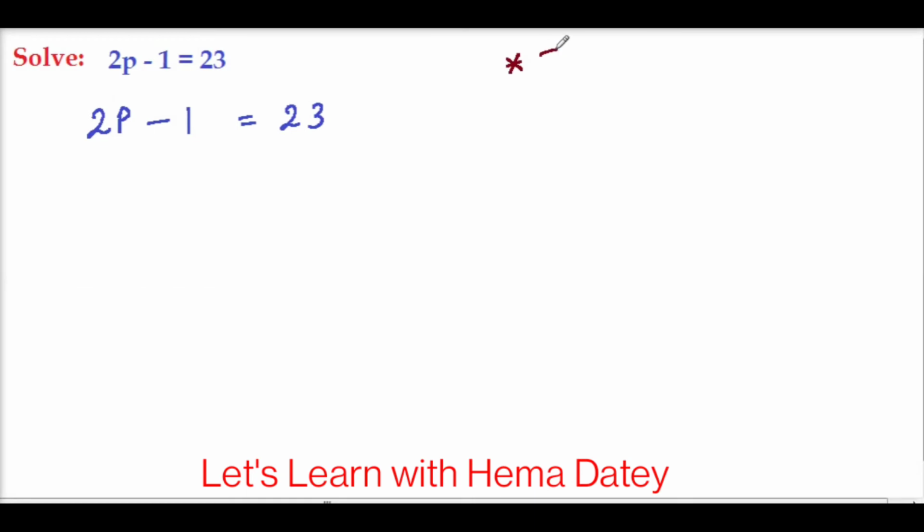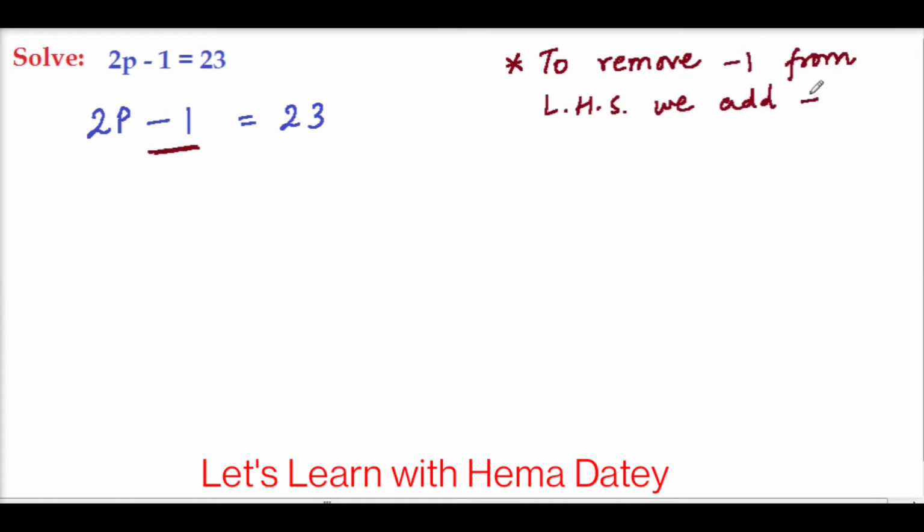To separate or to remove minus 1 from the left hand side, we add plus 1 on both sides of the equation.